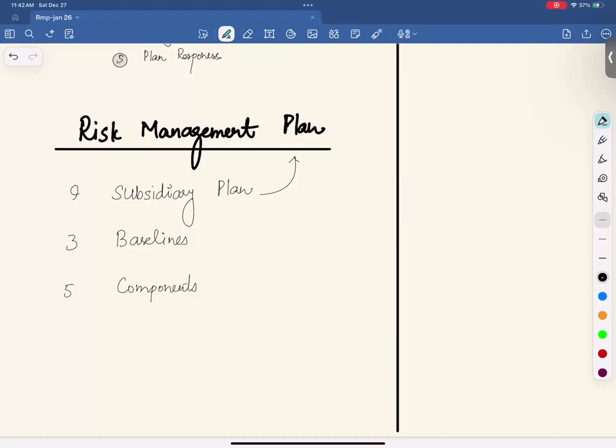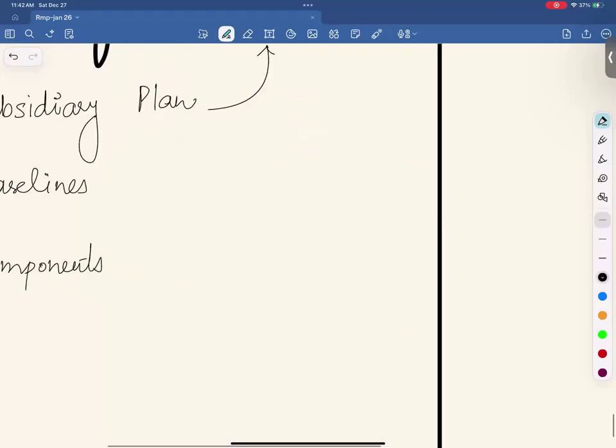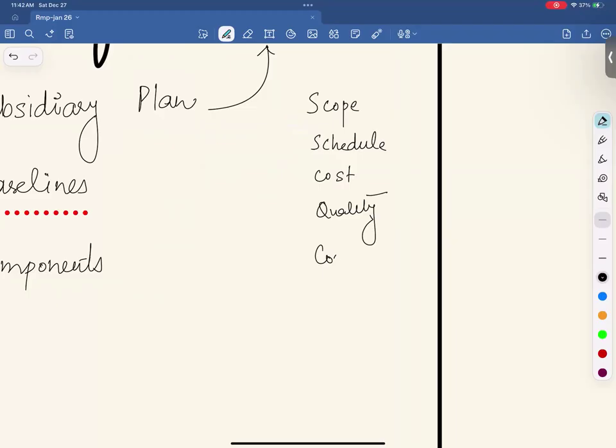Yeah, go ahead, Umesh. Sorry, I just want to remember the subsidiary plans. What are the 10 subsidiary plans? Might be I was wrong, but yeah. So, for example, scope management plan is a subsidiary plan. Schedule management plan is another subsidiary plan. Cost management plan, quality management plan, communication management plan, stakeholders, risk, procurement, resources.